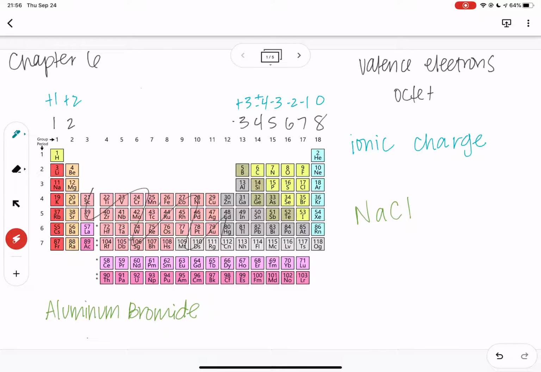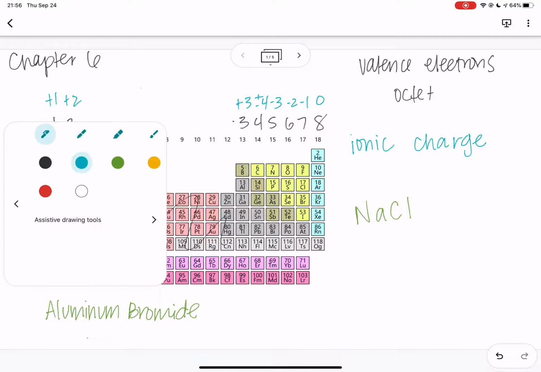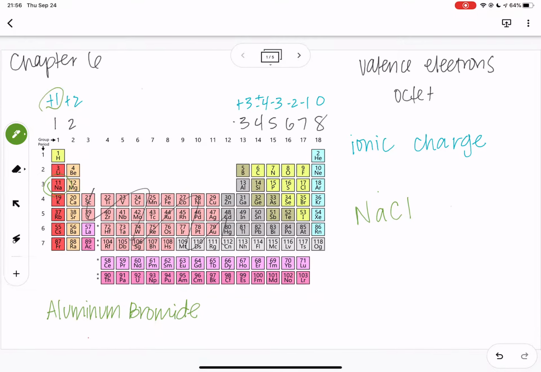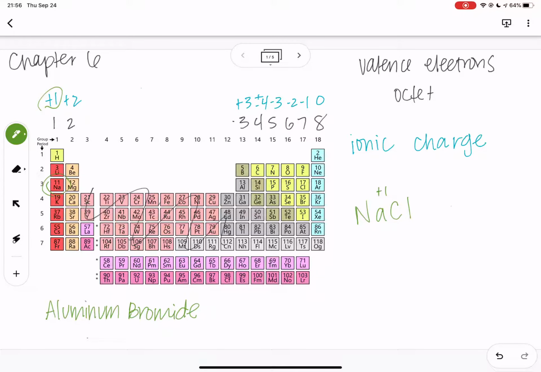So for sodium, if I look at sodium's in group 1, that means it's going to have a +1 charge. Chlorine is in group 17. It's going to have a -1 charge. The +1 and -1 cancel. Therefore, the formula is just NaCl.